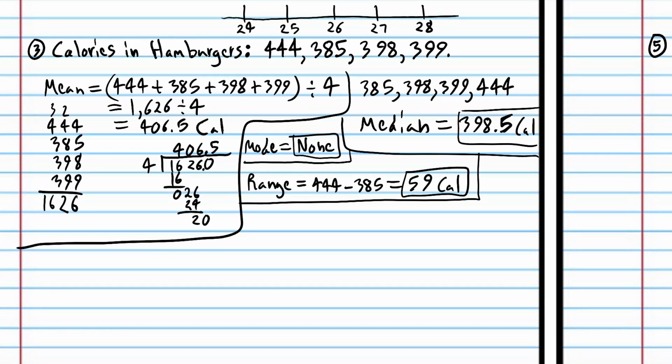All right, now let's find the interquartile range. We can't find the interquartile range unless we find Q1 and Q3. Q1 is the median of the first half of the data, but the median is the middle number. There is no middle number, so we have to find the mean of these 2 numbers. To do that, you just add them up. 385 plus 398. Add them up and then you divide by 2.